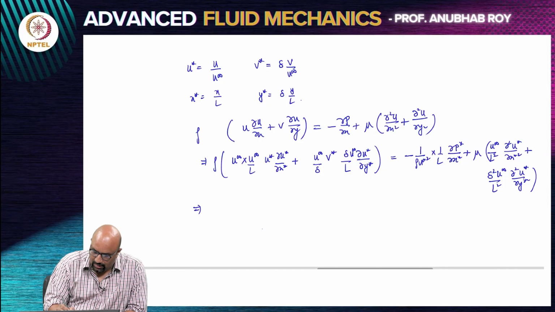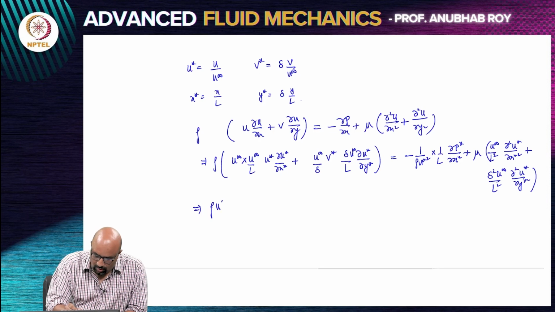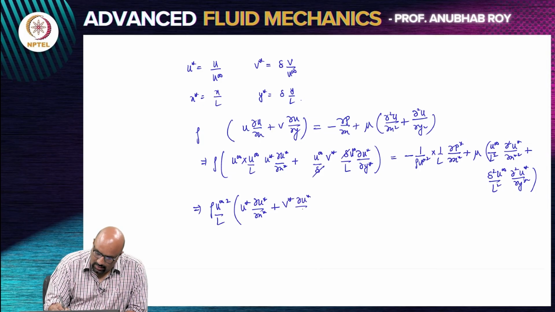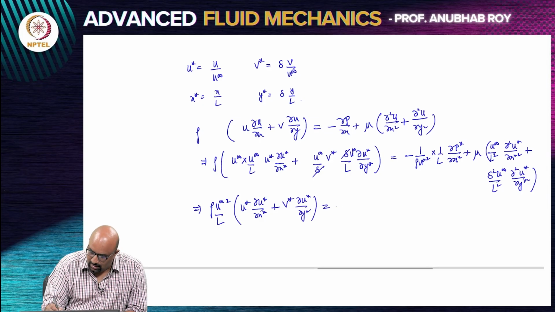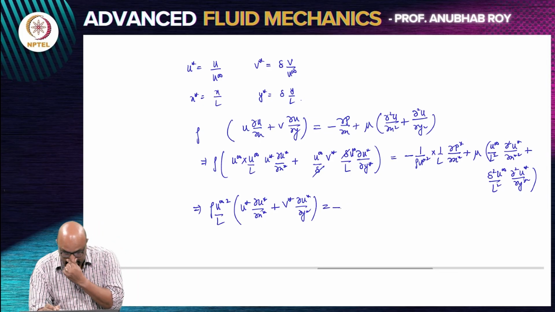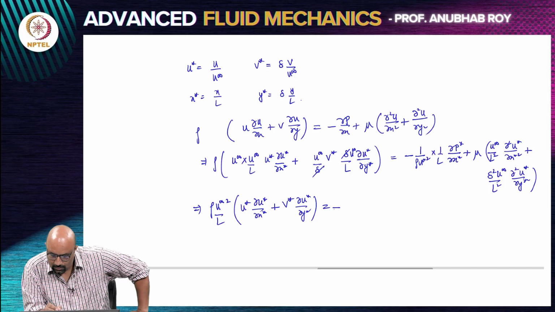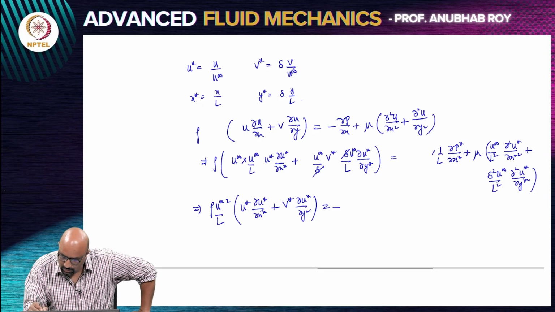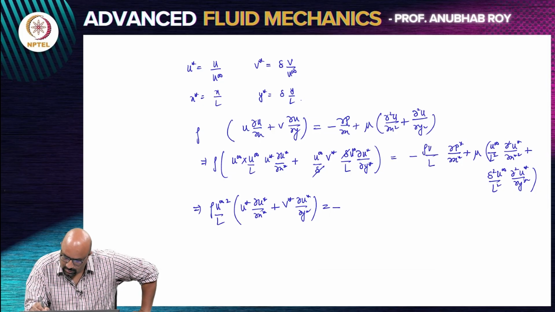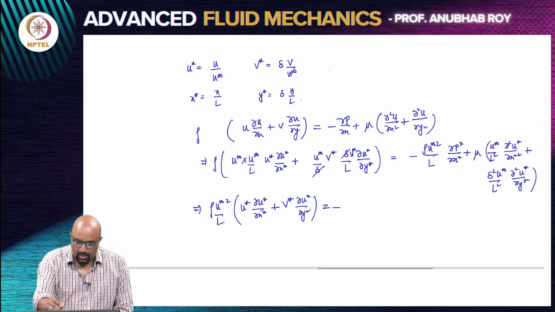So this is what you have now. So now if I take out rho u infinity square by L, it will be u star dou x star plus v star dou u star dou y star is equal to minus, this is L, this is rho u infinity square.